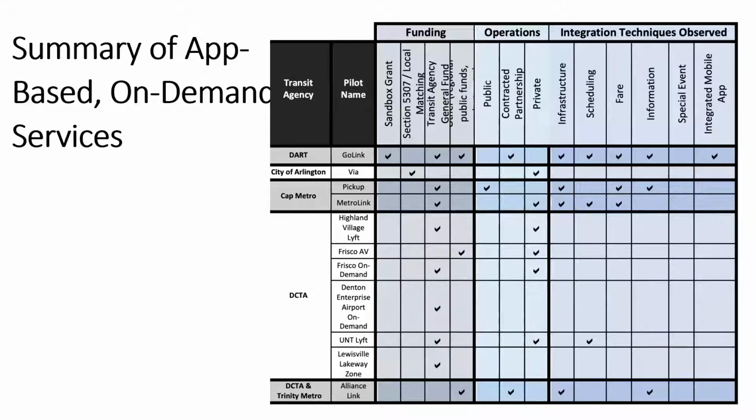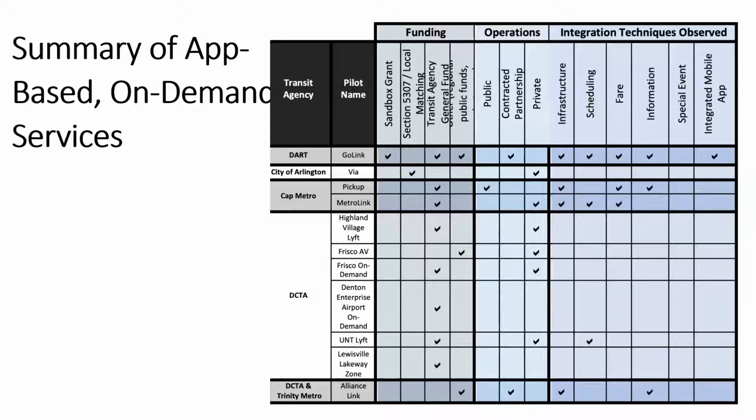And then there were a number that were supported just out of the transit agency's general fund or other public funds. Also, you can see in the operations section that there was one that was contracted, one that was public, and also a number that were provided by private providers.